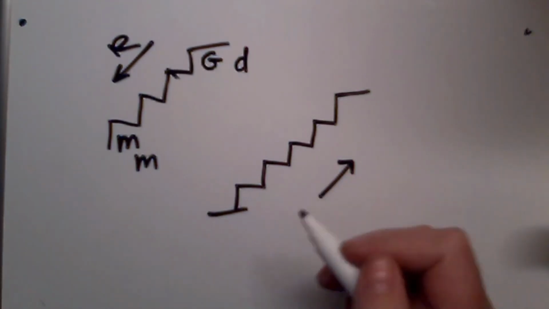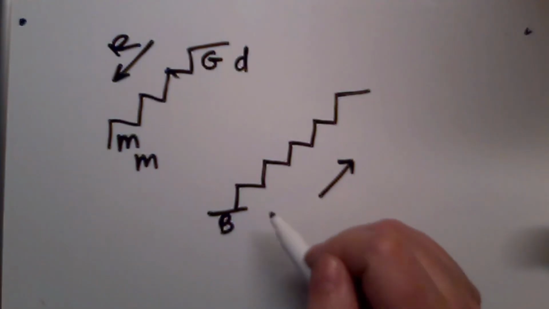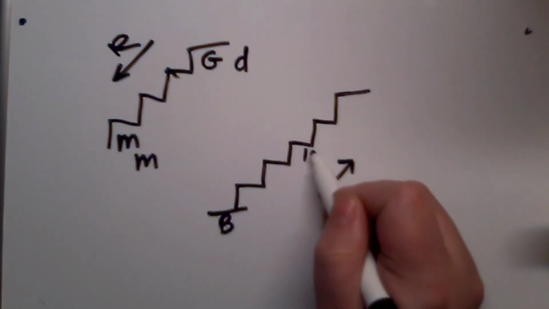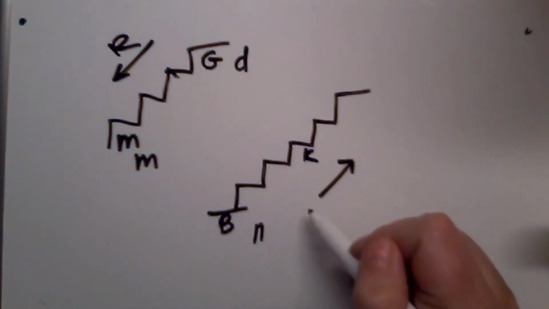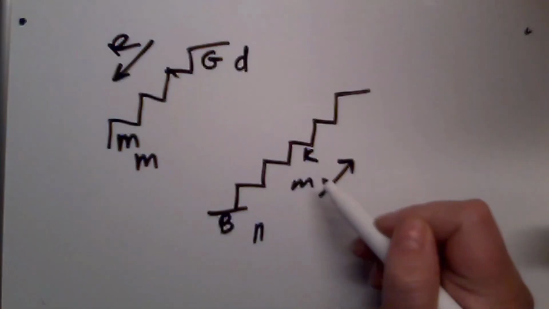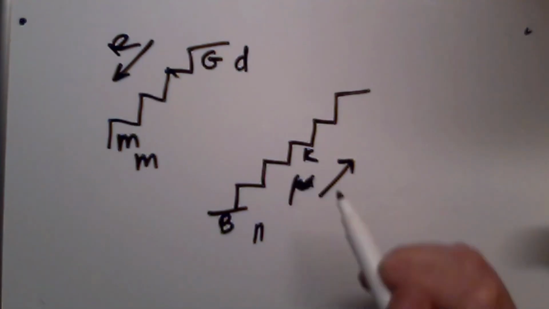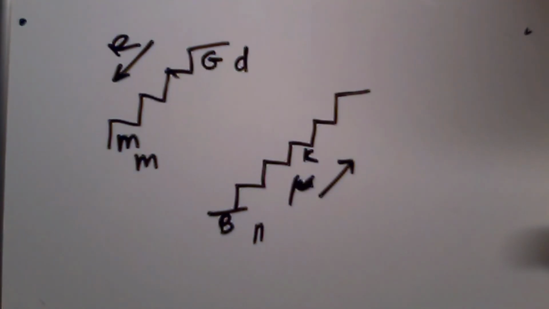So this example would be like, say we wanted to convert from our base to a kilo, or if we wanted to convert from nano to micro. So that would be going up the staircase. We move our decimal to the left.